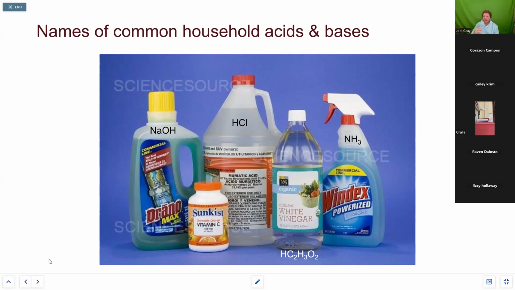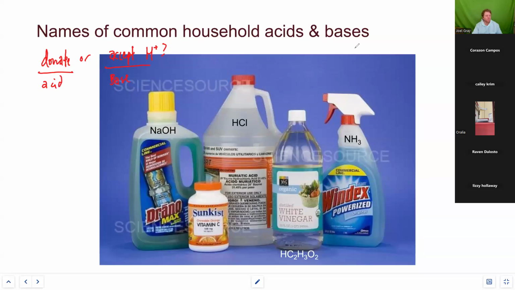That's the definition we're working with: can something donate or accept a proton? If it can accept a proton, that would be a base. So accepting would be a base, and donating is an acid.